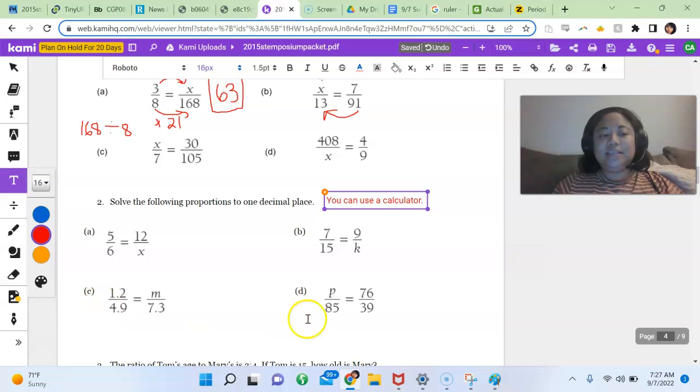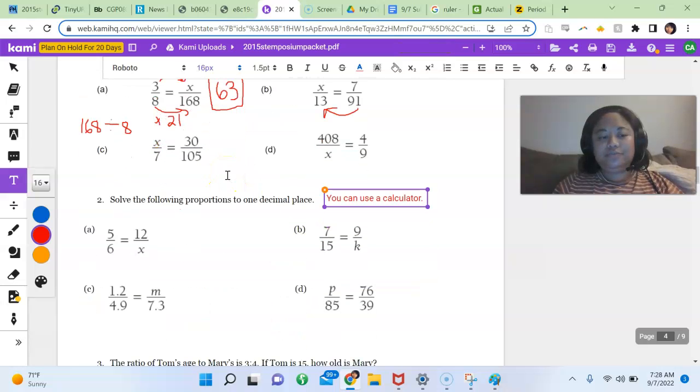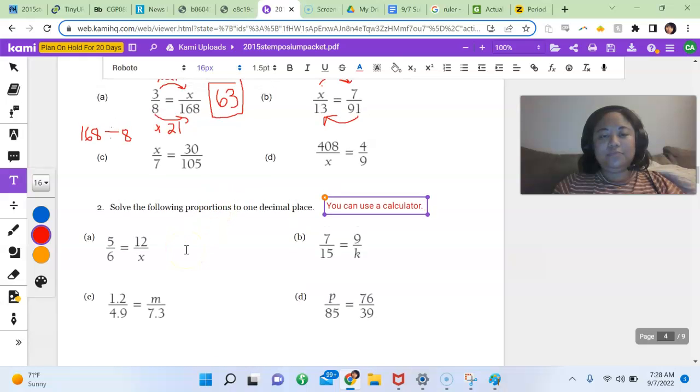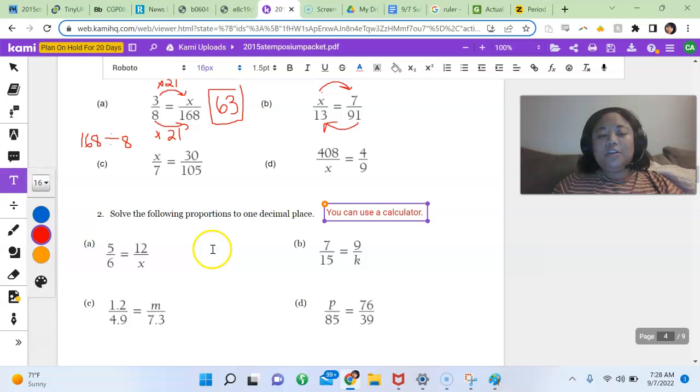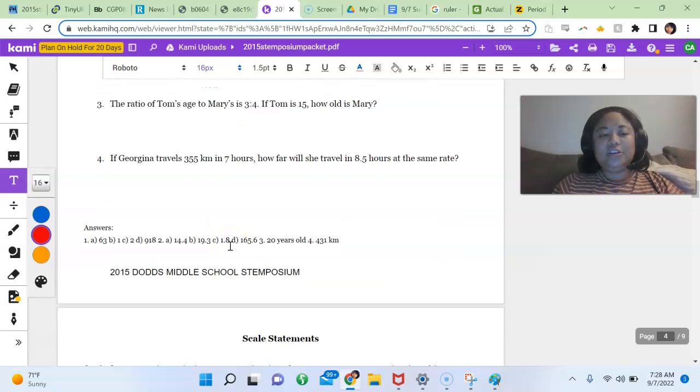Just A, B, C, and D for number 1 and number 2. That's your goal. If you need help, ask the sub for help, and you may go ahead and work on these for the rest of class. Once you're finished, you may move on and check your answer.